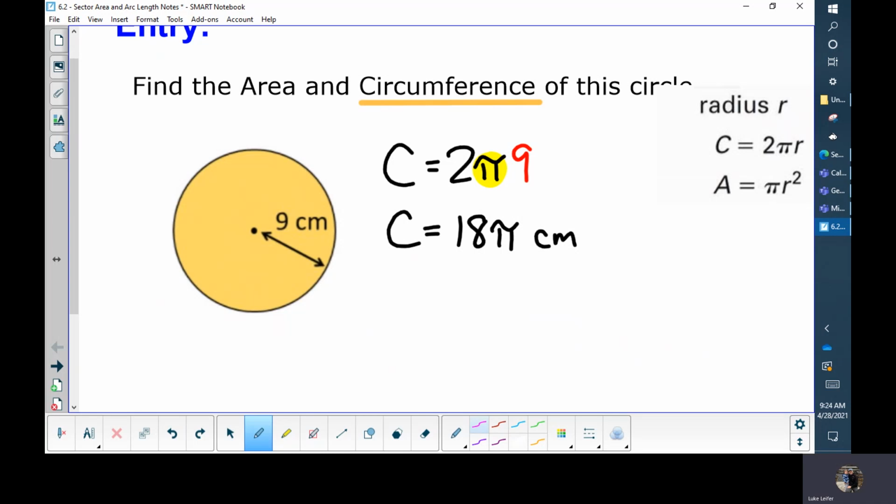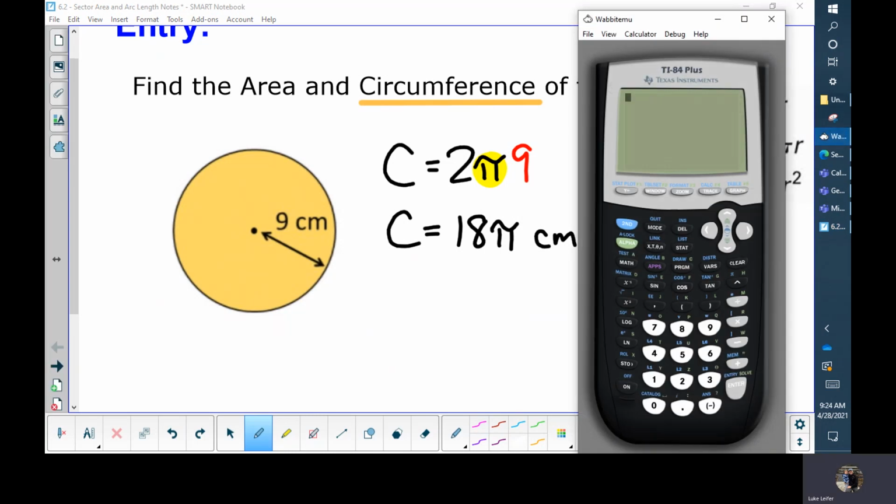When you do the online program, I think they're going to say round to the nearest hundredth, so we'll do the same thing in our notes. I'll get out a calculator here. We type in 18 times pi. Use the pi button instead of 3.14, because the pi button has 9 decimal places and is way more accurate. You might have some rounding error if you use 3.14.